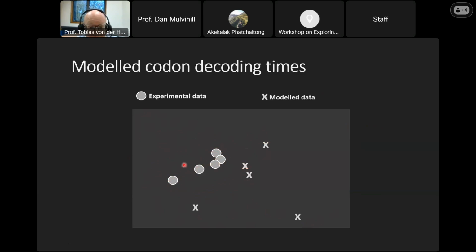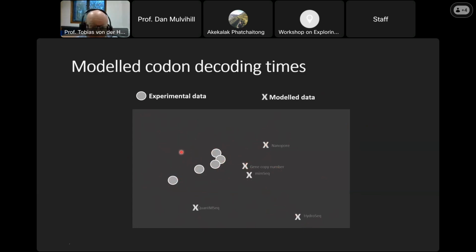Some of them are closer to the experimental data points than others. So if these experimental data are a good reference, that means the predicted decoding times that are closer to them are better. And if you look at the different tRNA quantification approaches that were used to generate the tRNA abundances, then it turns out that counting gene copy numbers gives you the best model results that are closest to the experimental data points.